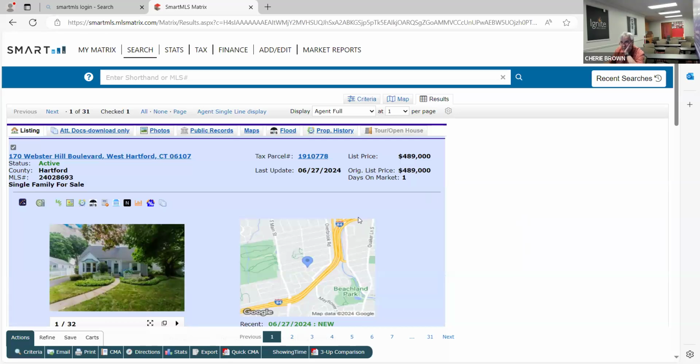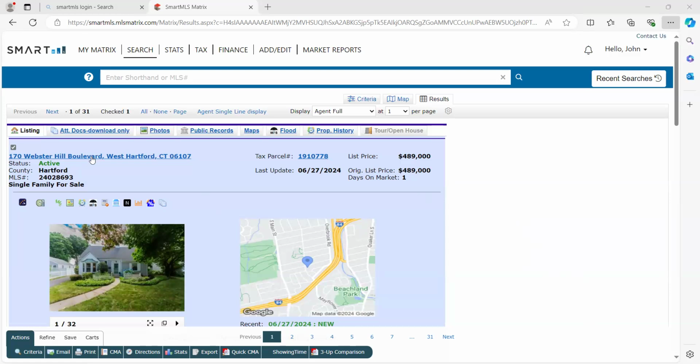So what we know is it's new to the market one day. It's on at 489. Oh, by the way, let's look at the location. Webster Hill Boulevard is right here. It's further away from the center of town, but it's still in the same zip code.